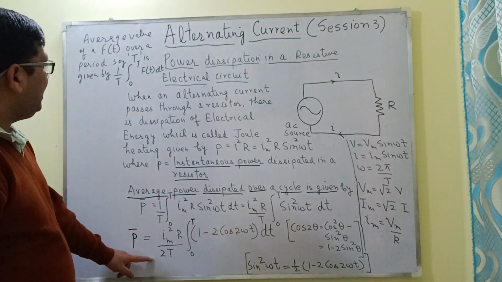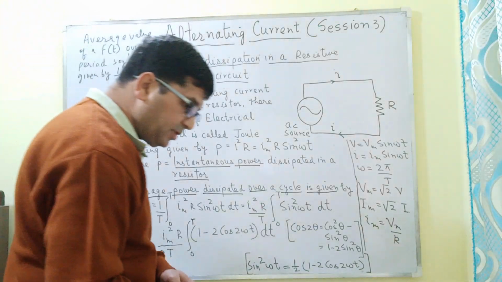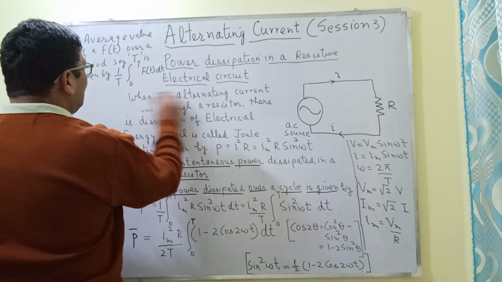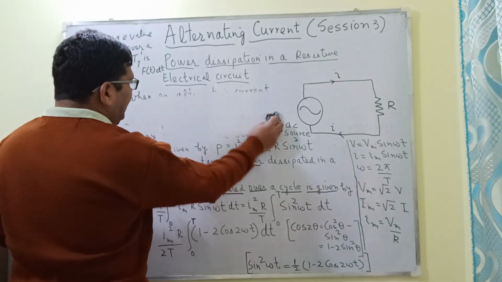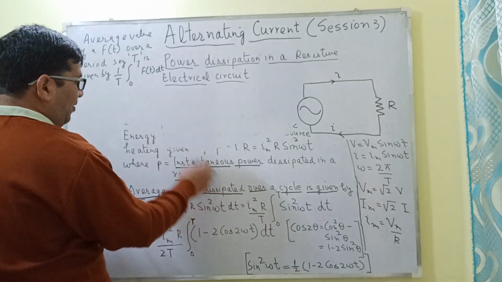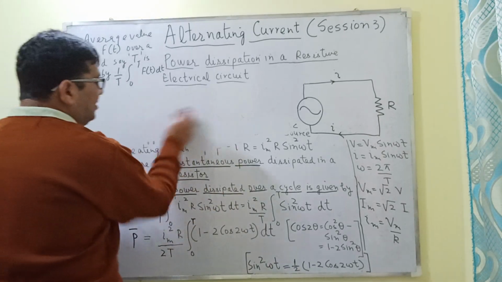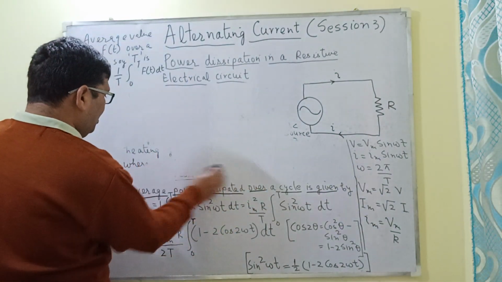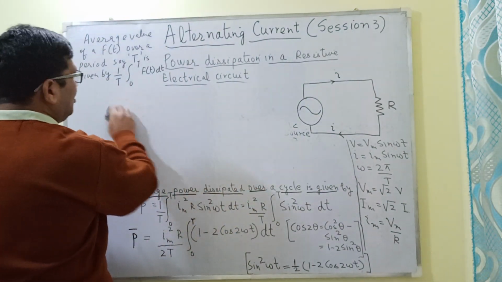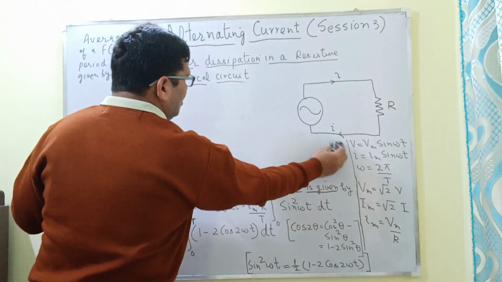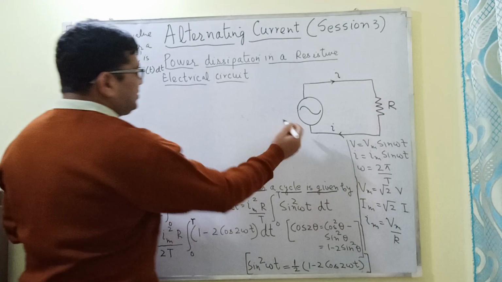Now I will be solving this expression in order to find the average value of the power dissipated over a cycle. So here this is the AC source.